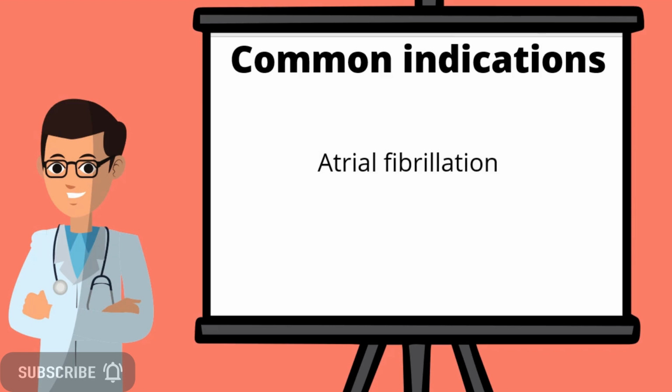And atrial fibrillation is another common indication, and the way we approach atrial fibrillation is by calculating the CHA2DS2-VASc score, and we also calculate the patient's bleeding risk by using the HAS-BLED score, and consider whether we are dealing with permanent, persistent, or paroxysmal atrial fibrillation. If the risk of clotting is high, then we consider the use of anticoagulants.